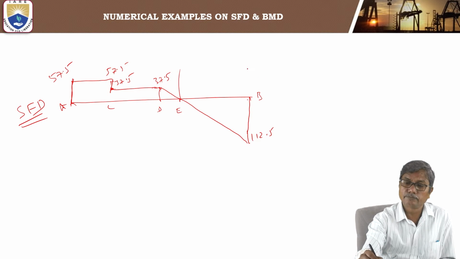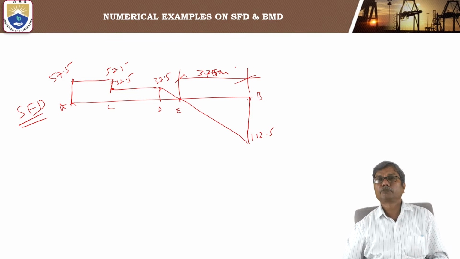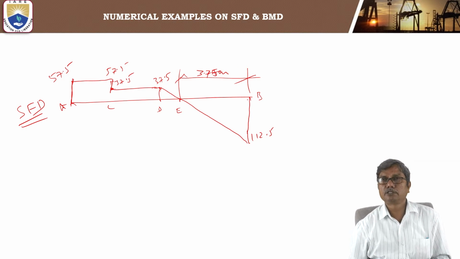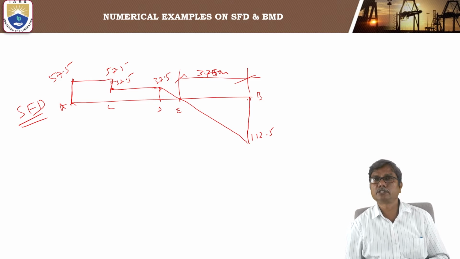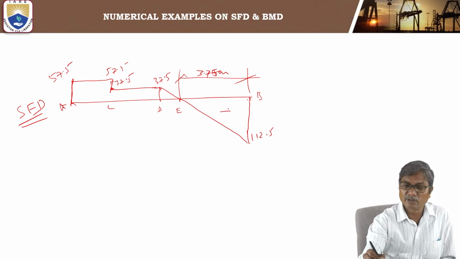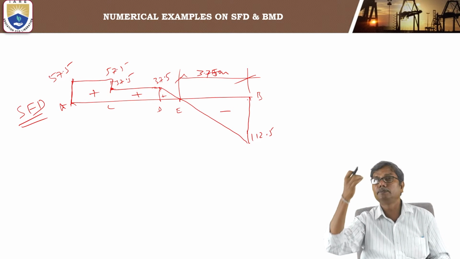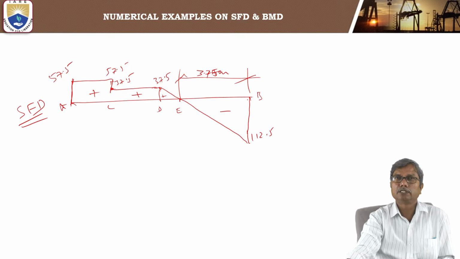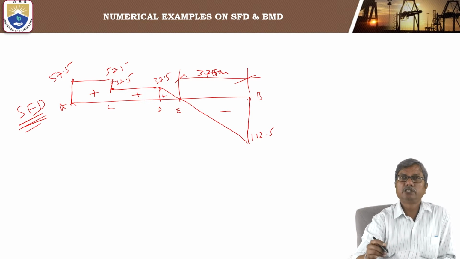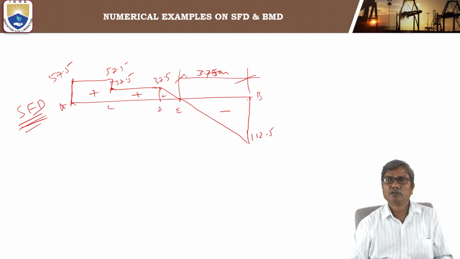Let it be point E, where the shear force changes sign, and it is at a distance of 3.75 meters from B. So there is positive shear force above the line and negative shear force below the line. Is this clear? So this is the shear force diagram for the given beam.